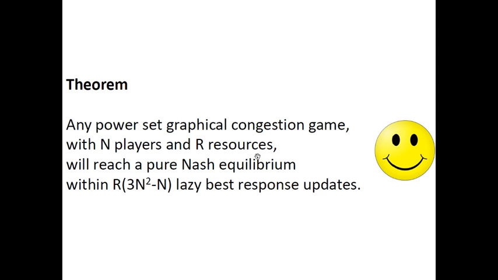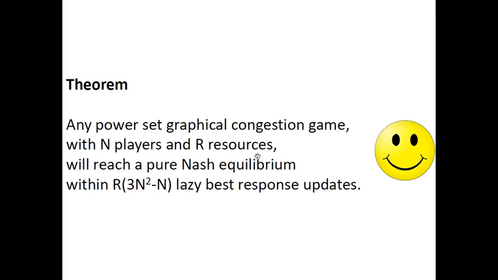Okay, so why is the lazy best response idea so important? Well, the reason is that, as I've already said, better response updating won't necessarily get you to a pure Nash equilibrium, but what's remarkable is that lazy best response updating is actually guaranteed to drive the system into a pure Nash equilibrium.